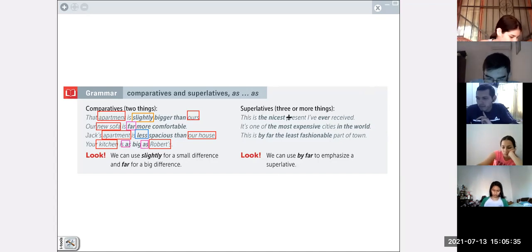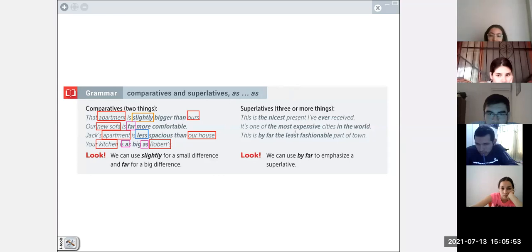And then we have the superlatives form here when we compare 3 or more things. Ya no comparamos 2 cosas, sino más de 2 cosas. Okay? Please, Avila, can you read the examples here? Of superlatives. Yes, please. Okay.